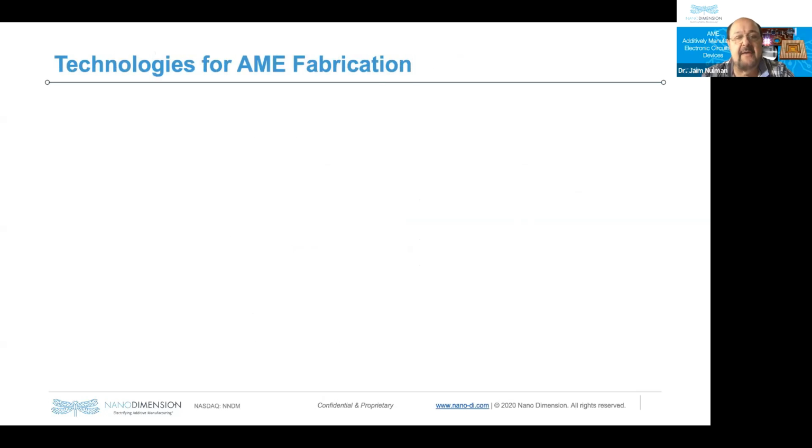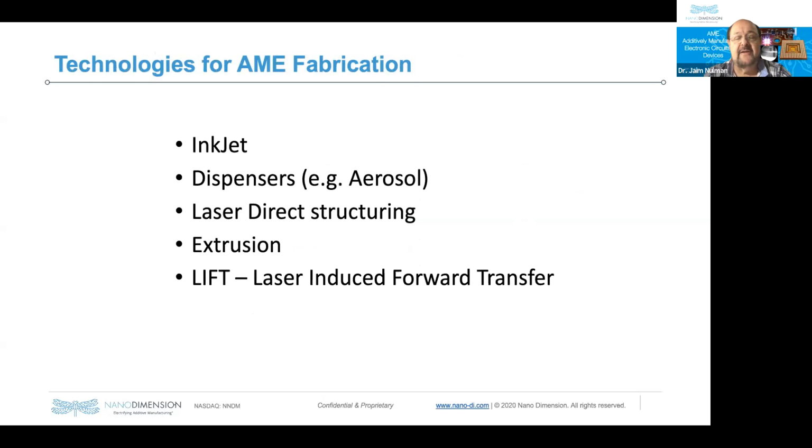The technologies for AME fabrication include inkjet, which is the most common, and we'll see some of that, and dispensers such as aerosol. Laser direct structuring, which converts a liquid into a solid, is in a very early stage in the AME field. Extrusion is also another possibility, but it's not that popular, or it has some limitations.